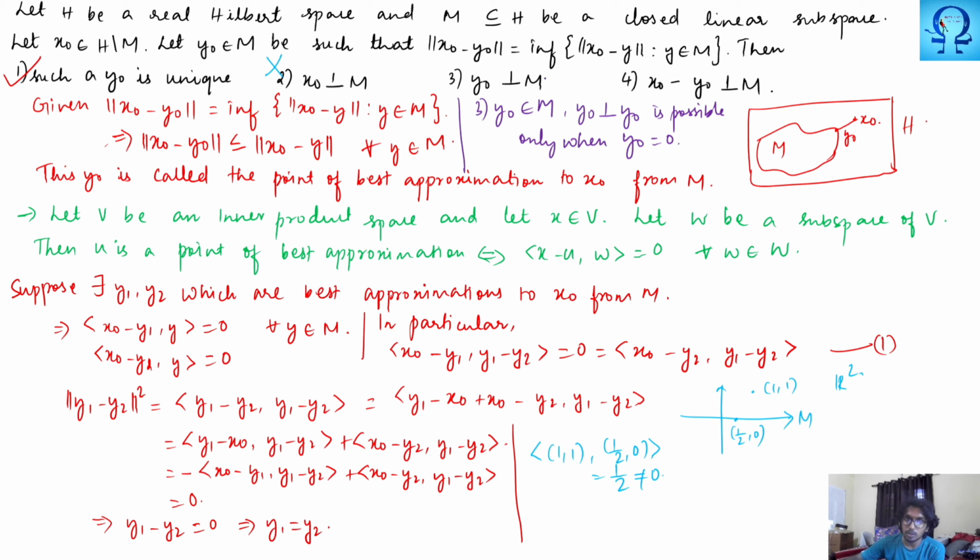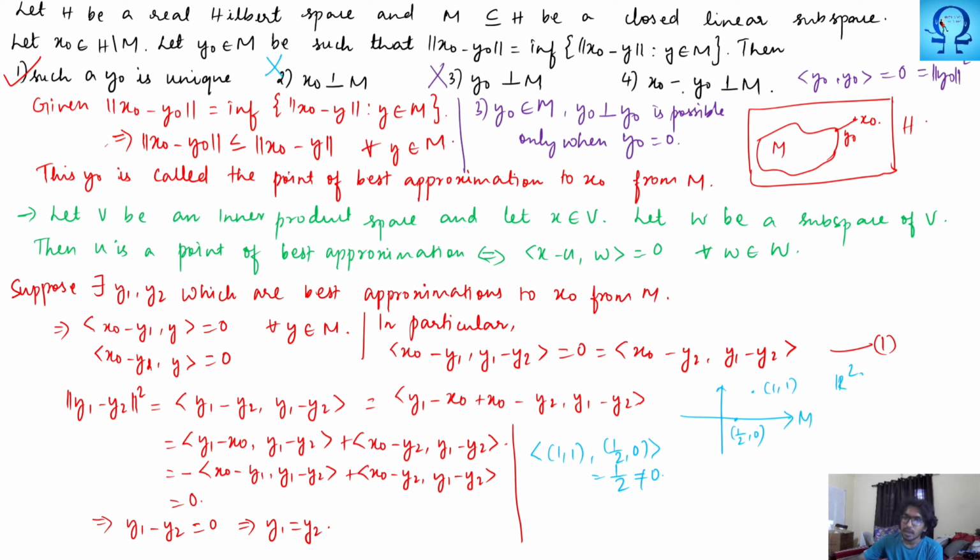It means the inner product y0 comma y0 has to be equal to 0 in order for y0 to be orthogonal to y0. But this is norm y0 squared. The norm is 0 means that element has to be equal to 0. That is what I have written. So this is also not true in general.